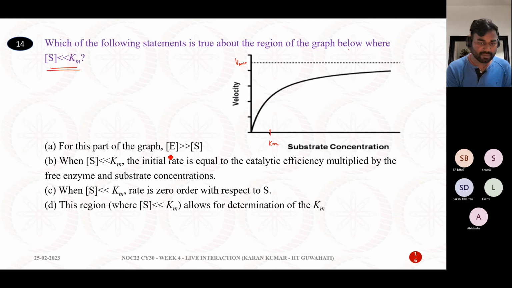For this part of the graph, E greater than S. When S is less than Km, the initial rate is equal to the catalytic efficiency multiplied by the free enzyme of the substrate concentration. Or when the substrate concentration is much lower than the Km, the rate is zero order with respect to S. This region where the substrate concentration is much lower than the Km allows the determination of the Km. So which is the correct statement here?